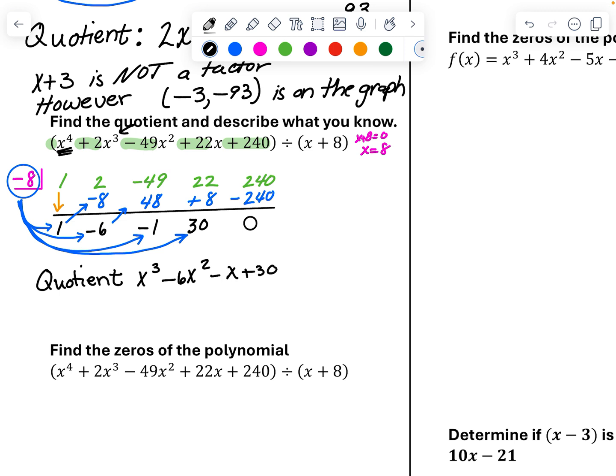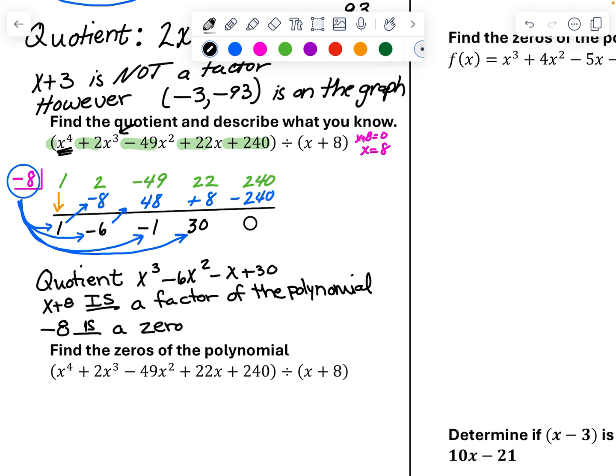We are going to say x plus 8 is a factor of the polynomial, and negative 8 is a 0 of the graph.